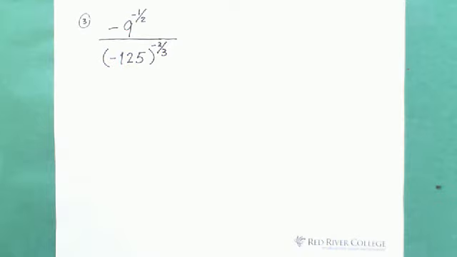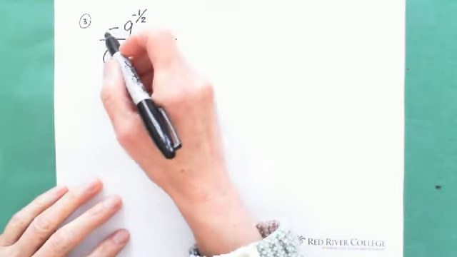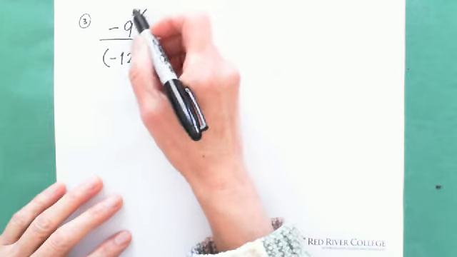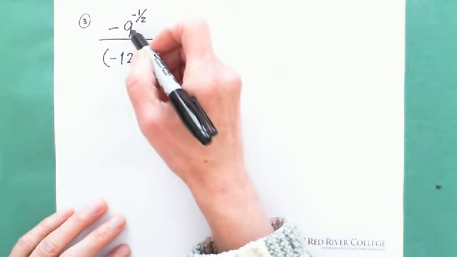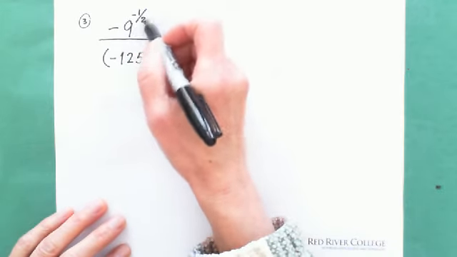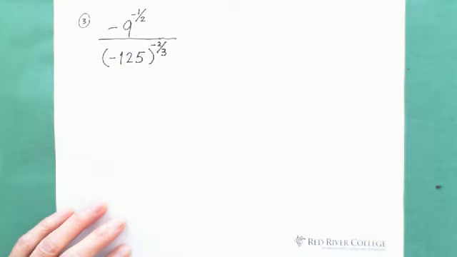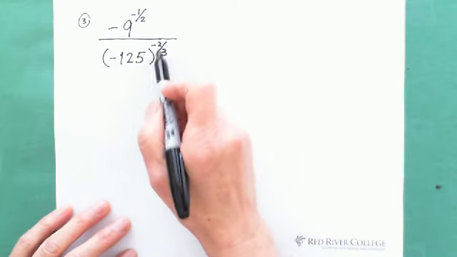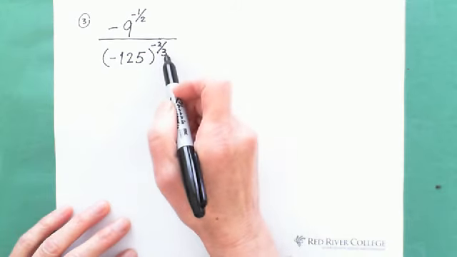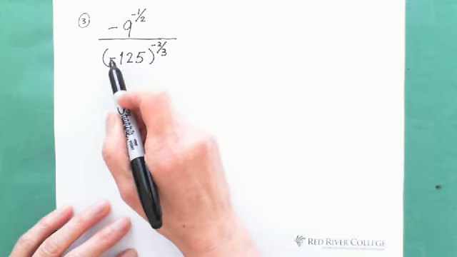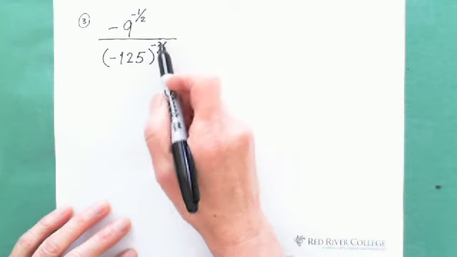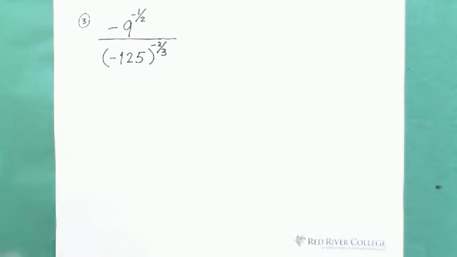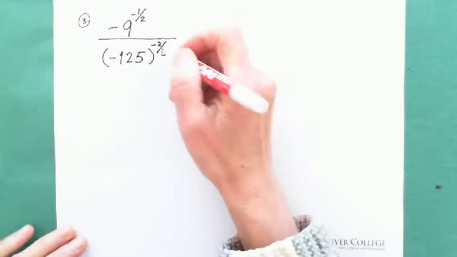Be careful. If the negative is outside, that means this exponent is only a factor of 9, and is not related to this negative. And this negative is different. The bracket raised to the negative 2/3 exponent means this negative is a factor of the negative 2/3 exponent. And mostly this negative relates to the denominator 3.